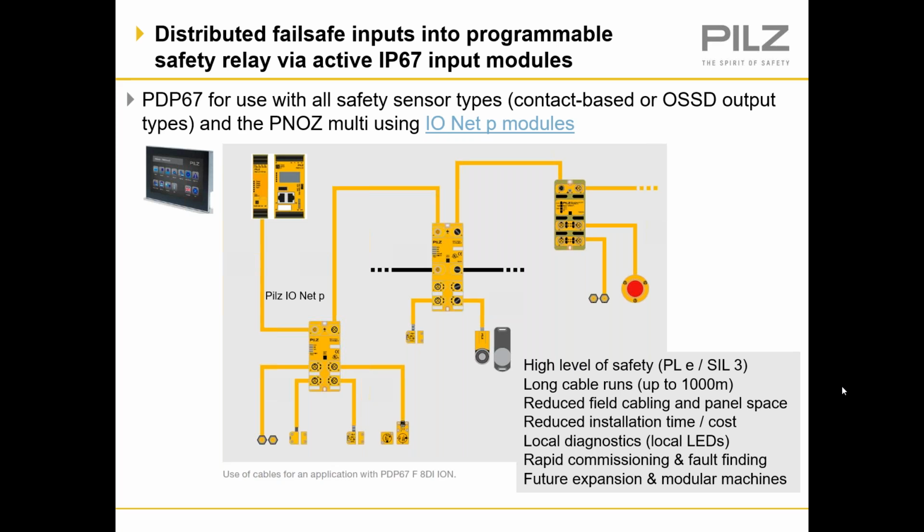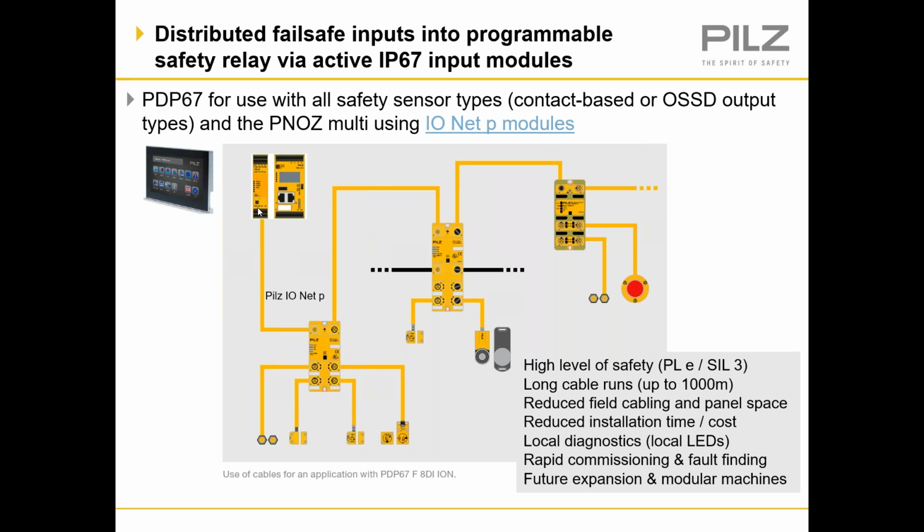Alternatively, you can connect distributed fail-safe inputs into programmable safety relays, such as our PNOZ Multi 2, and that's via an active PDP67 input module. So these PDP67 modules can be used with all safety sensor types, so contact-based or OSSD types, and the PNOZ Multi using IO-Link modules, which is what you see here.